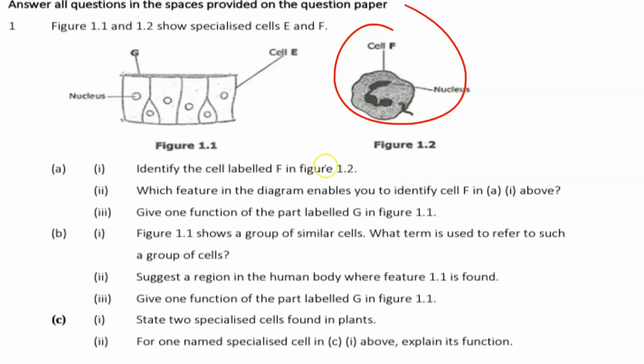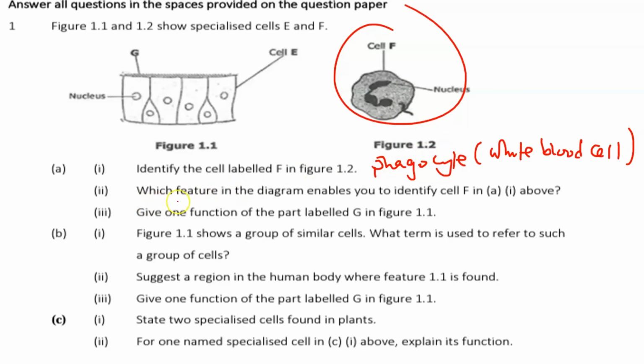The cell here is called the phagocyte. It's a kind of white blood cell. We cannot just put white blood cell because there are two of them that we can look at, phagocyte and lymphocyte. But this one is a phagocyte, and I'm sure the question that follows is what made me identify it.